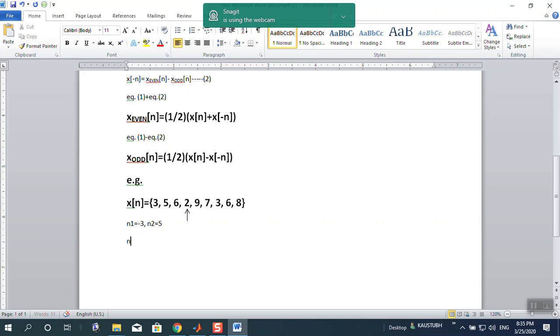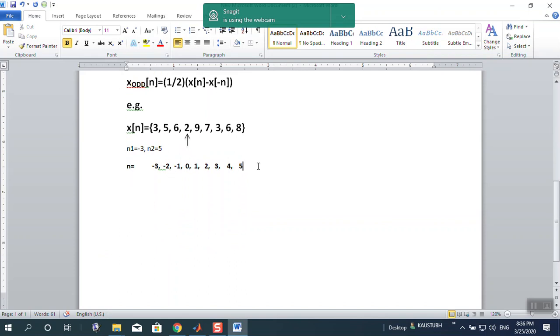So my time scale n will be equal to minus 3, minus 2, minus 1, 0, 1, 2, 3, 4, 5. So this is my time scale.